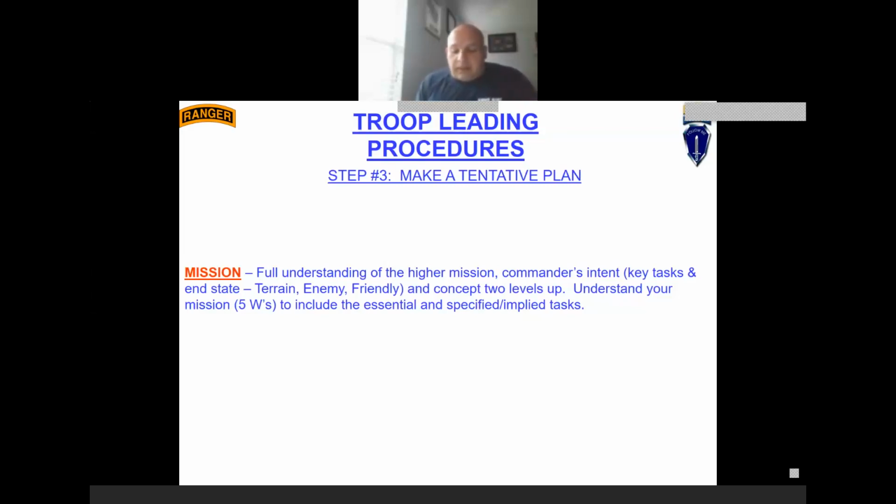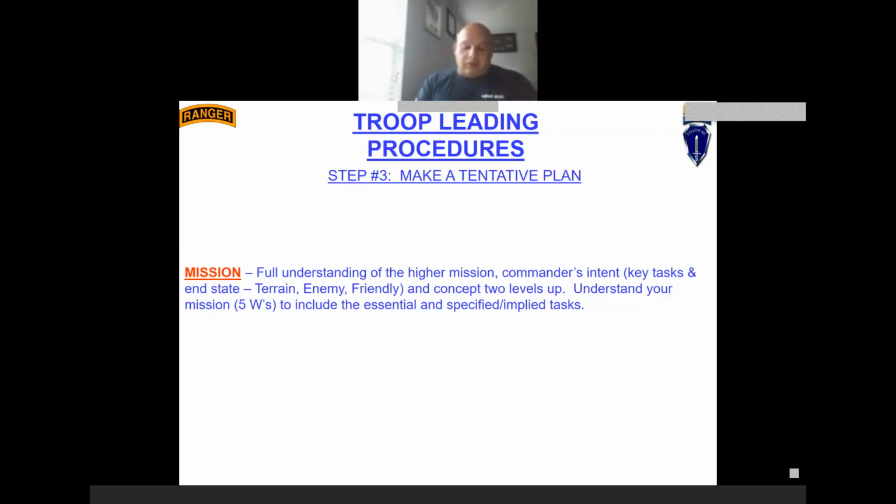A leader must be able to demonstrate understanding by briefing the concept of higher's order two levels up. It's critical to know where you fit into the big picture. A mishap in one part could affect the entire company. The commander's intent is not considered an action specific.